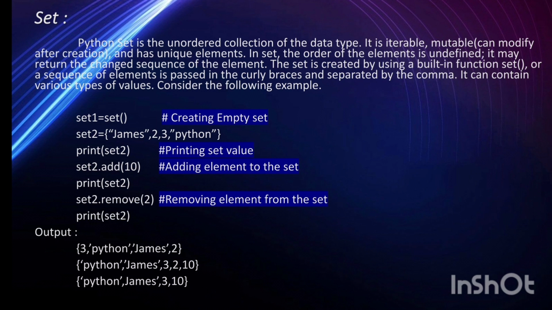If we observe, the data types of set2 elements are not the same, so the data types can be different in a set. And in the third line we are printing set2, and coming to the fourth line we add element 10 to set2 by using the add method, and then we print set2.